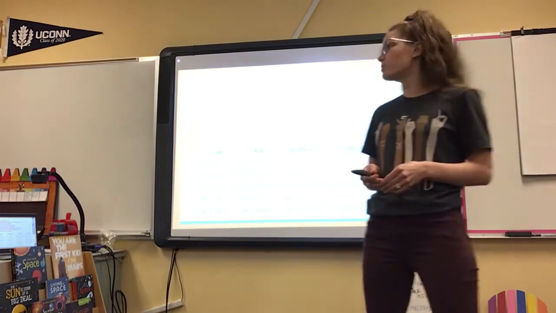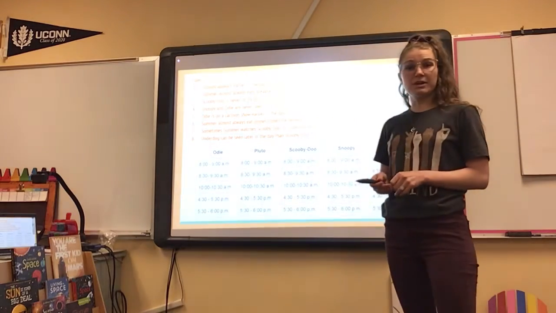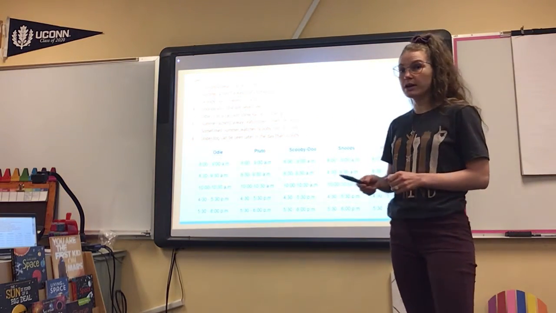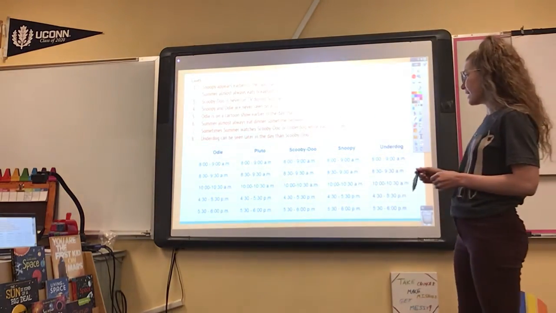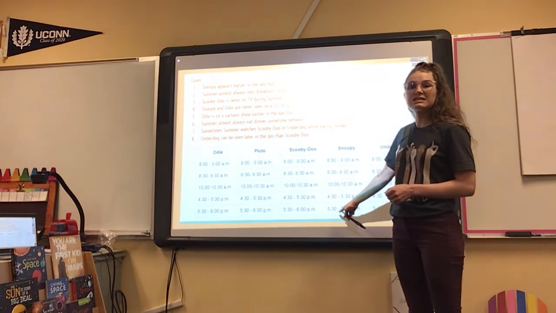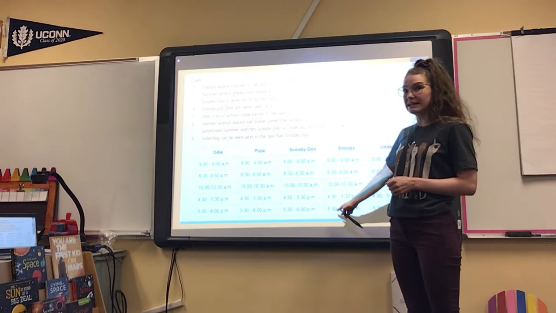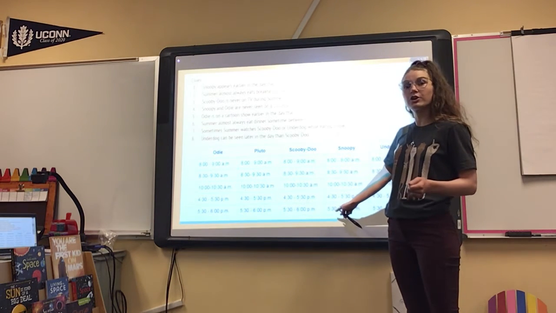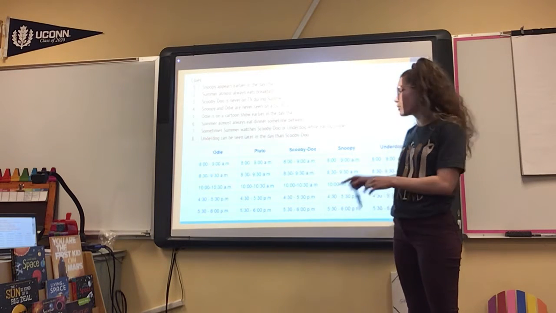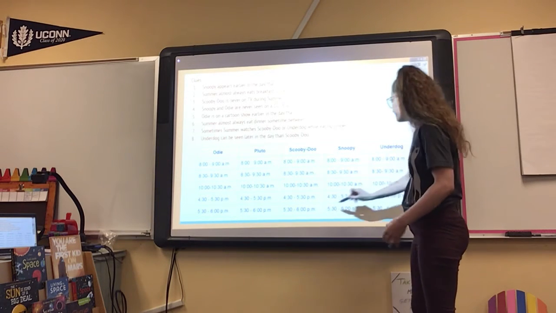So again, if Snoopy has to be earlier than Pluto, if I look at the latest time for Snoopy, it says 5:30 to 6. I know that Snoopy cannot be 5:30 to 6 because Snoopy has to be earlier than Pluto. So I'm going to cross it off.